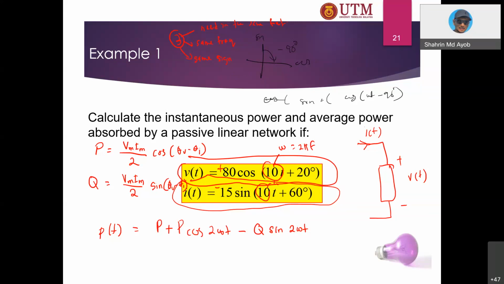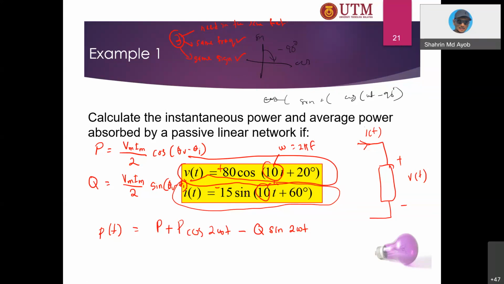So what you need to do first is convert this sin function into a cos function, then you can compare.